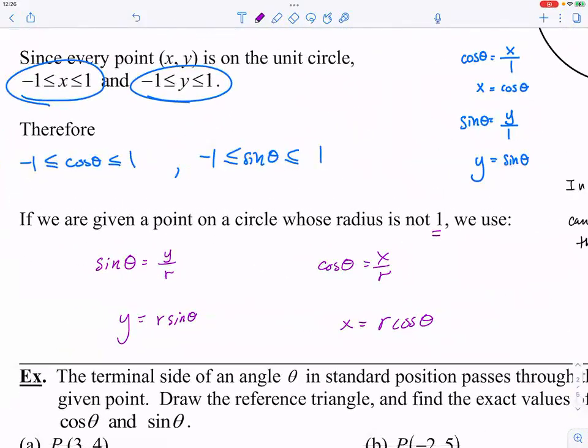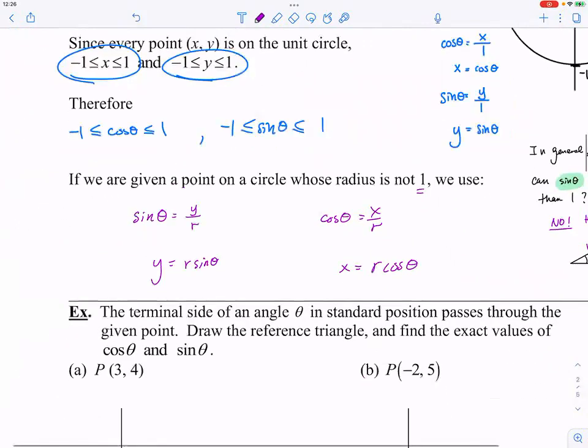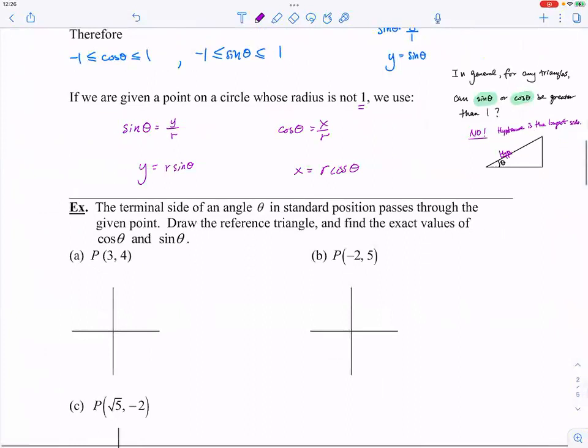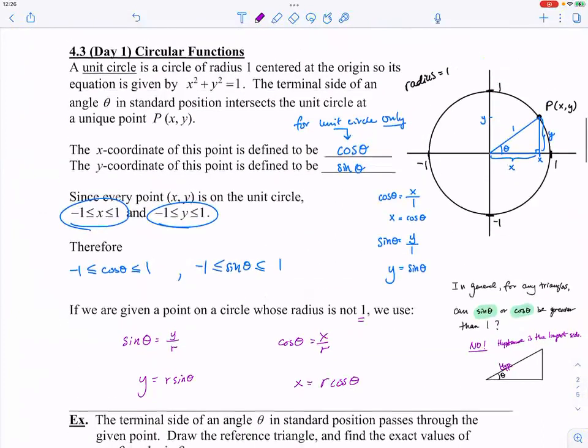Okay, so again, these things will be huge, I believe, in the second semester. All right, any questions so far about the unit circle?